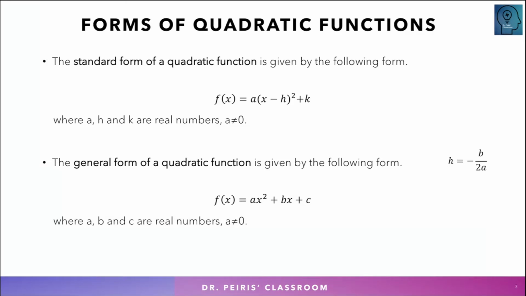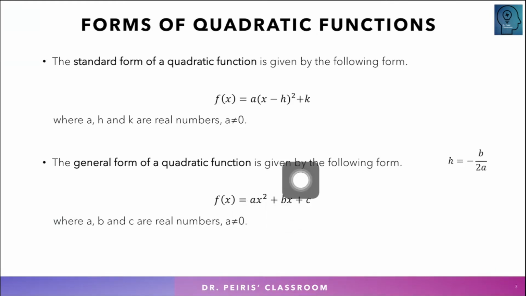Now these are the two different forms of quadratic functions. If you look at the two forms, we can see what could be the domain and the range. If you look at the equation, there is no restriction on the x. It is just the x squared term and x.